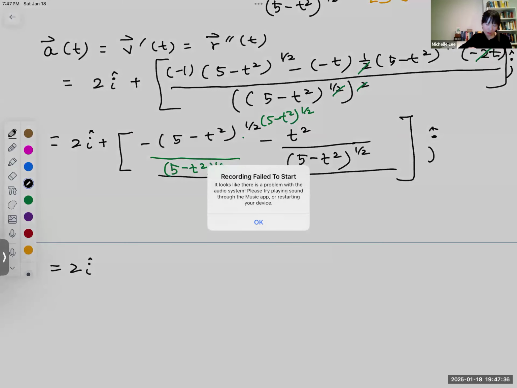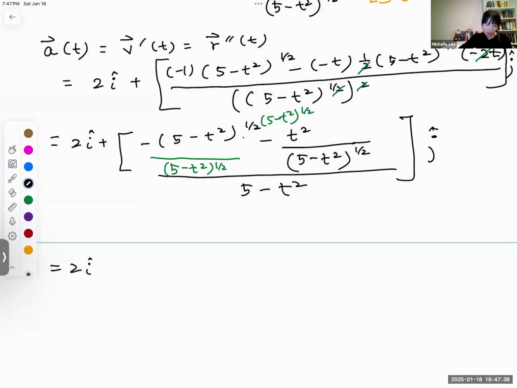Keep doing that. Come on. So we keep that negative. We have the same base, then with multiplication we add their powers. So let me write it down here for you. Note: 5 minus t squared to the 1/2.